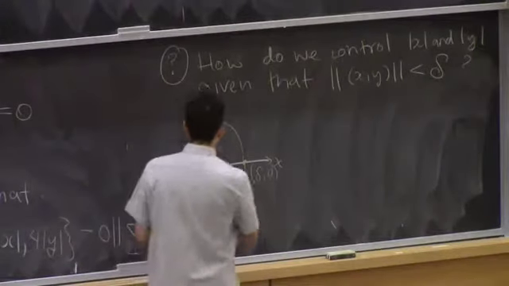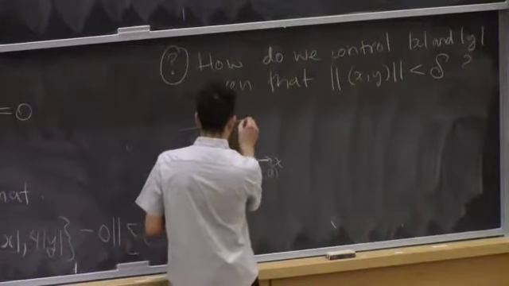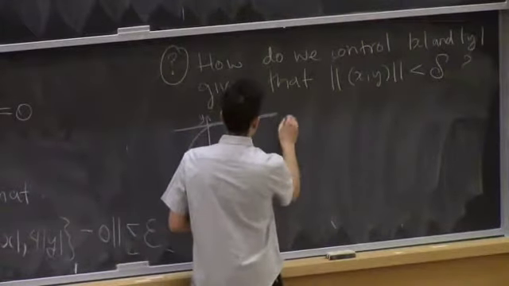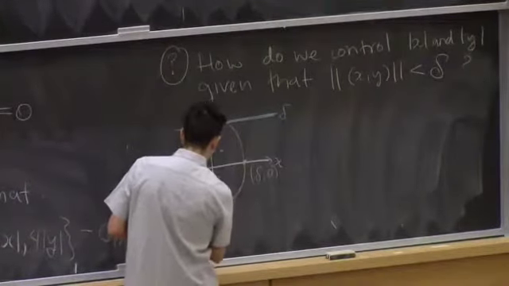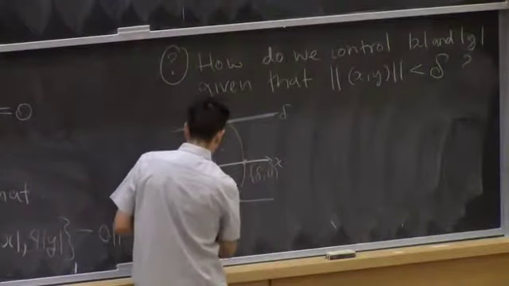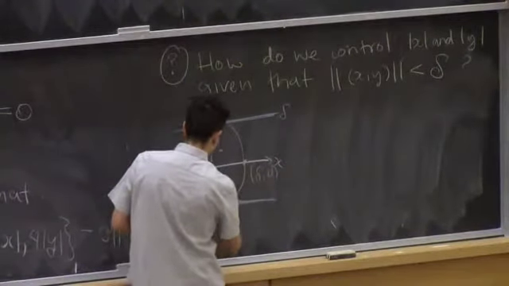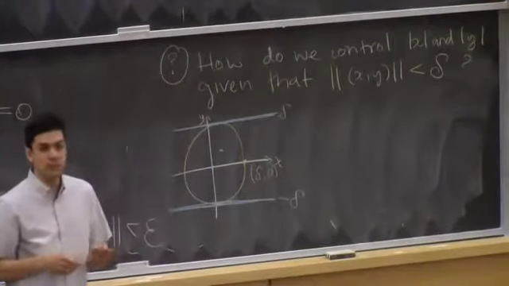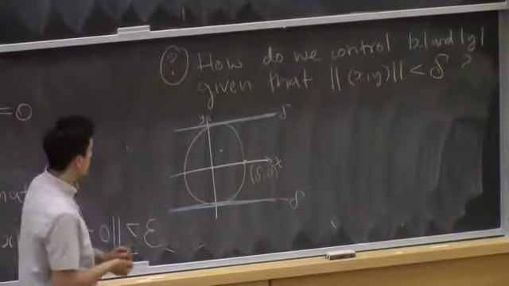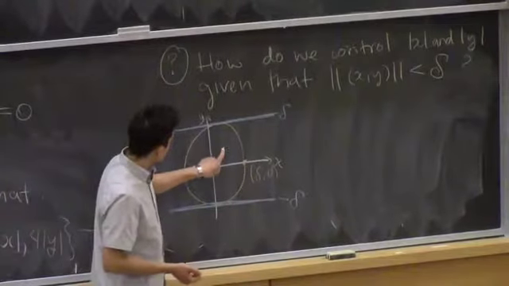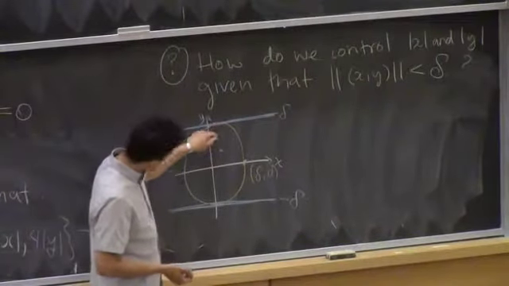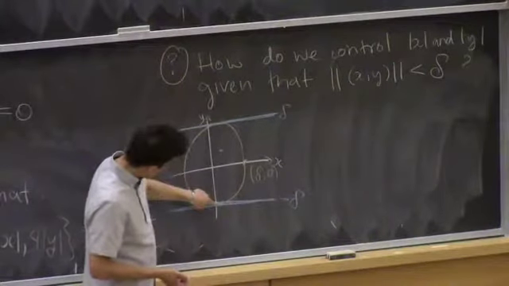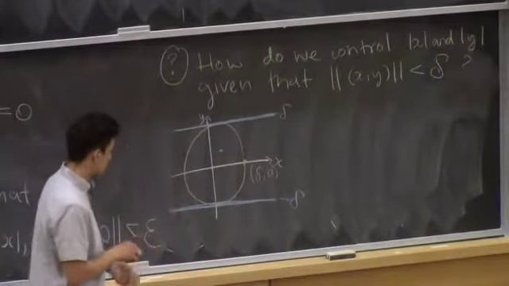So we're going to say the biggest our y coordinate could possibly be is positive delta, and the smallest it could possibly be is negative delta, right? This point can wander all the way up to positive delta, or all the way down to negative delta.